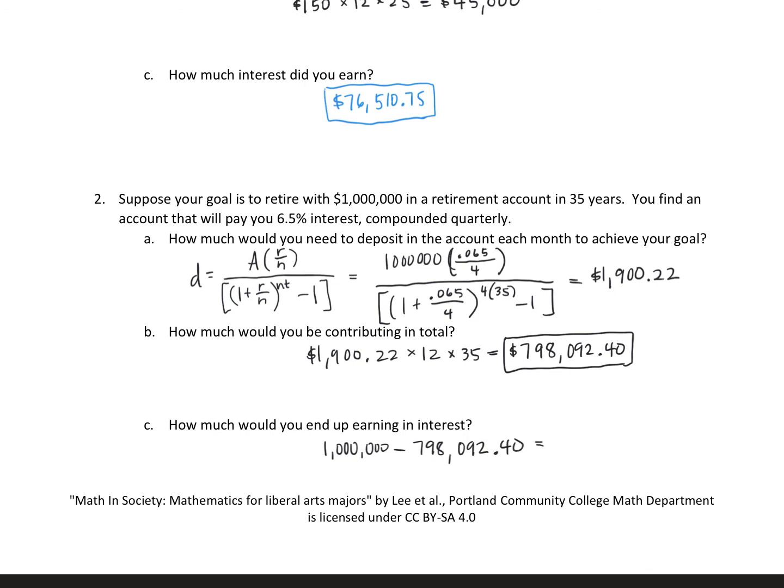And when you find the difference, that will be the amount of interest that you will have earned. So let's see what we get. I got $201,907.60. So that's how much interest you will have earned.